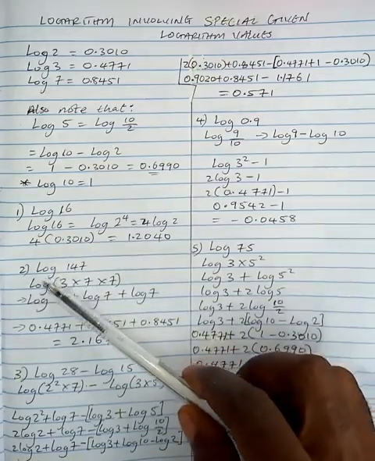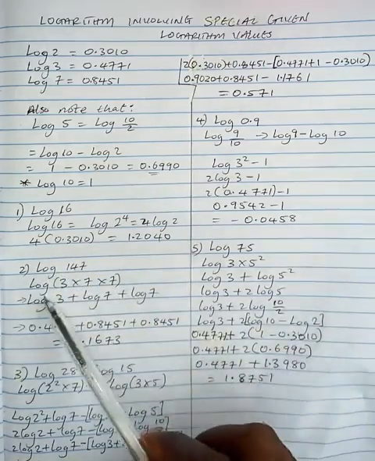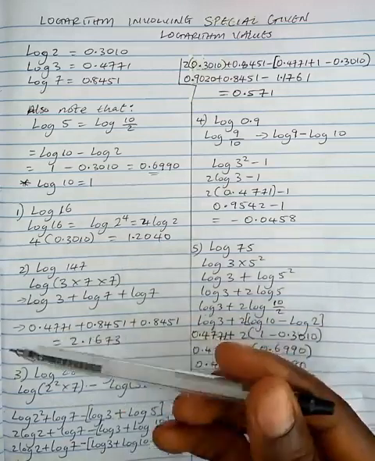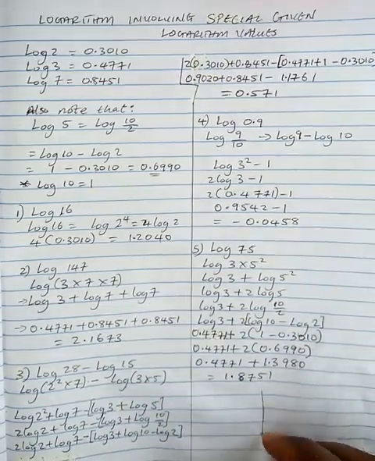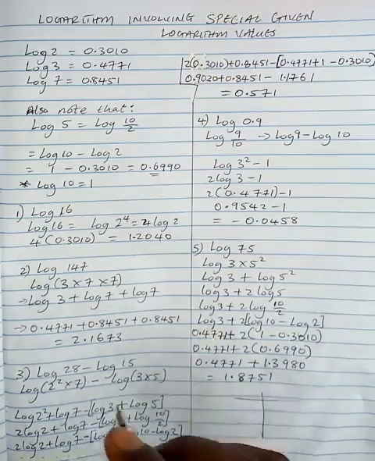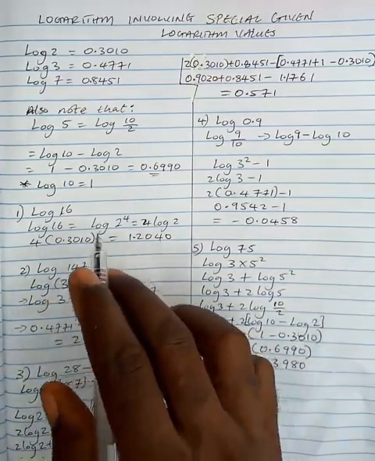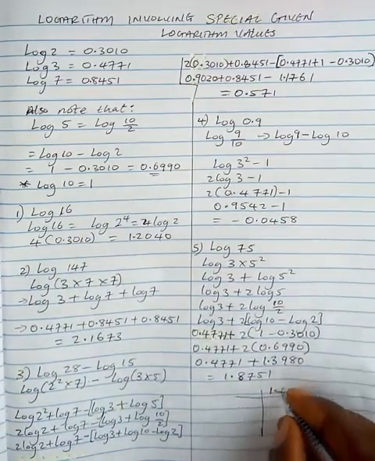Then the second question says logarithm of 147. Now, 147, how do we actually get the values that will be here? I want you to follow me with LCM. It will be advisable for you to go with the LCM method, where we have 147.